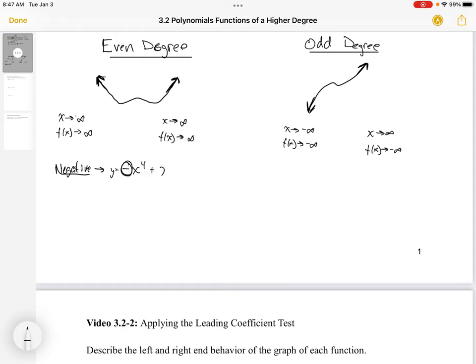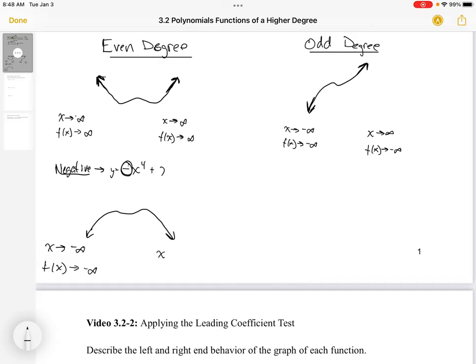Well, when we were graphing, we saw that when we take the opposite of a function, it is going to get reflected over the x-axis, so it ends up opening downward. So as we look to the left, now our y values are decreasing.